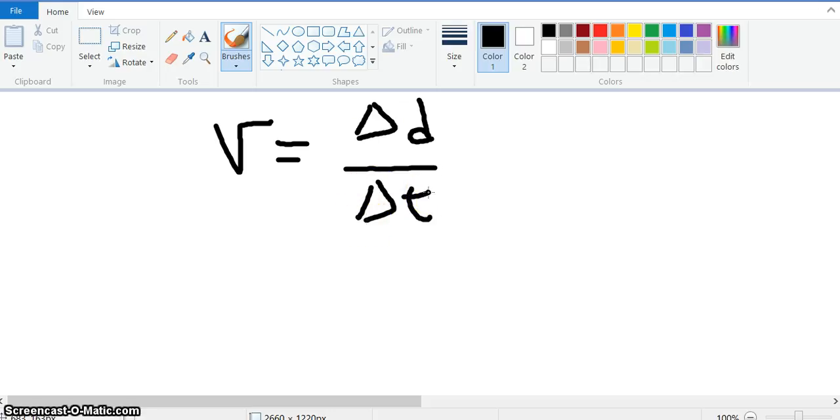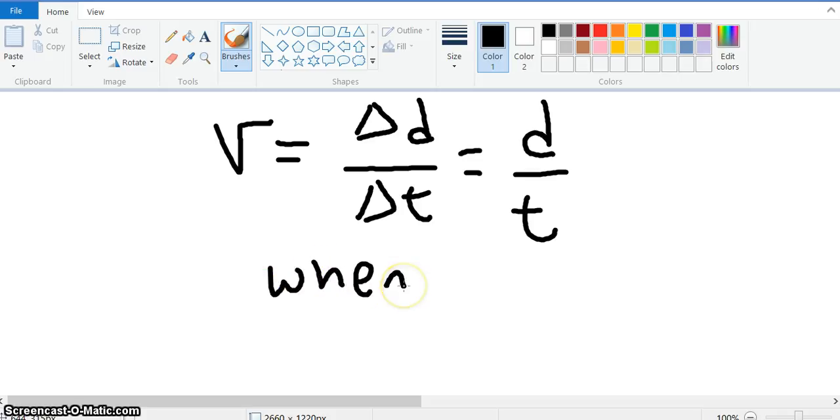Now this equation simplifies to the distance something travels divided by the time it takes to travel that distance, so that v equals d over t is true when the initial distance is 0 and the initial time is 0.